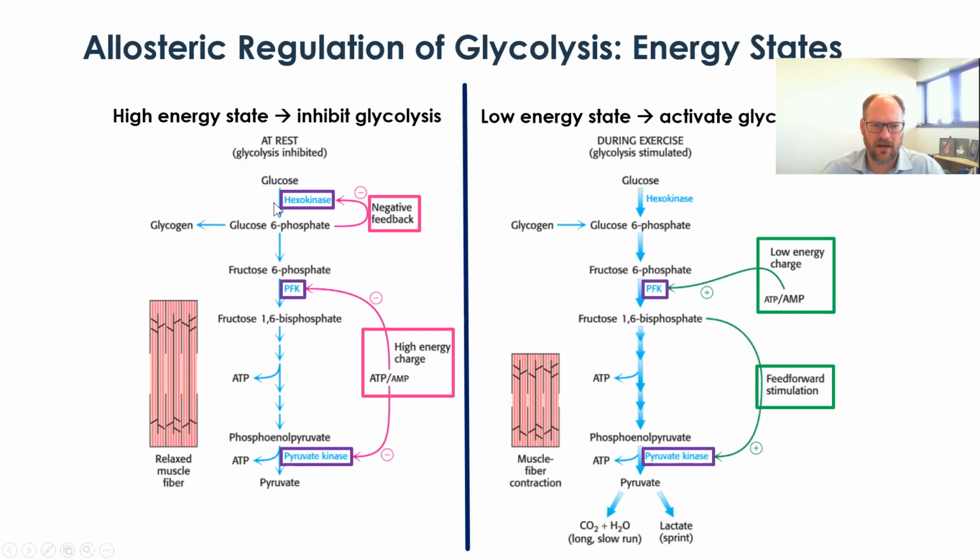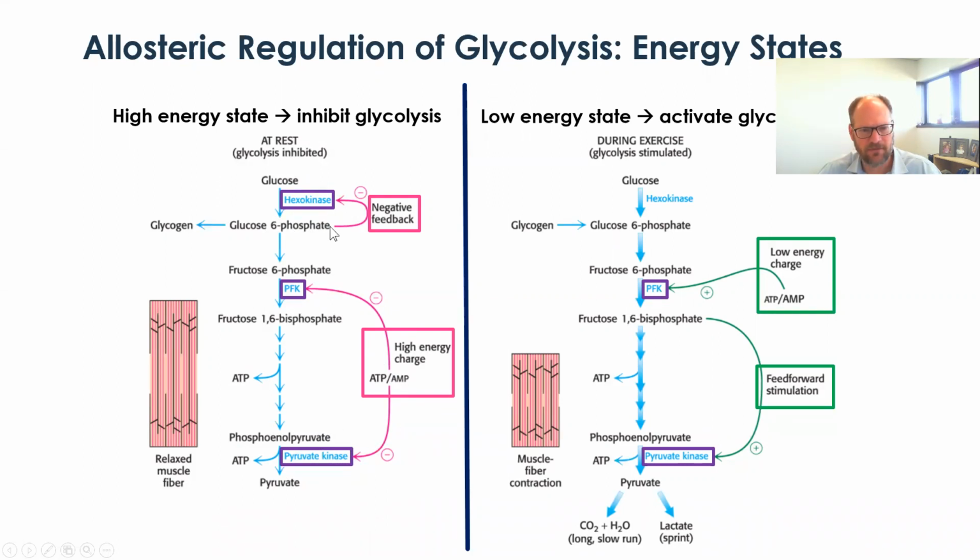The committed steps in glycolysis are hexokinase, PFK, and pyruvate kinase. Each of these steps involves either the commitment of the first phosphate onto glucose, the commitment of the second phosphate onto glucose, or the ultimate production of pyruvate and ATP. So these are the three regulatory points in glycolysis.